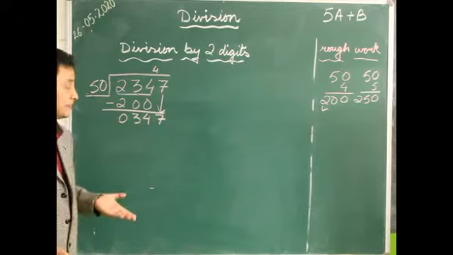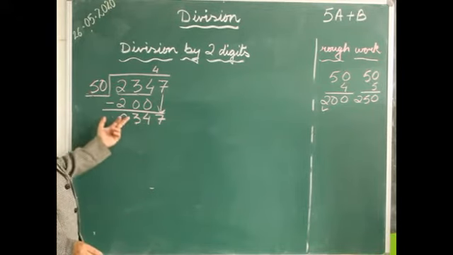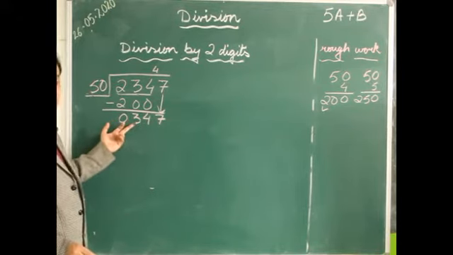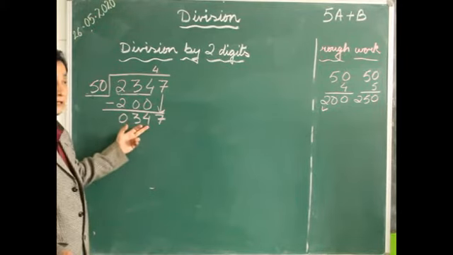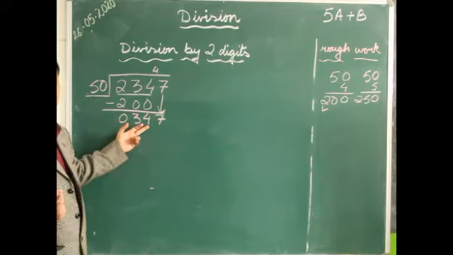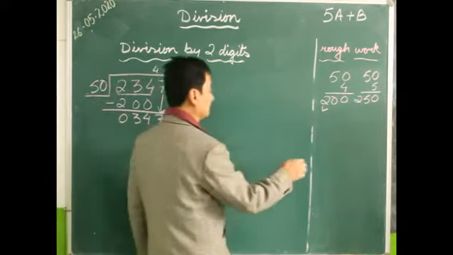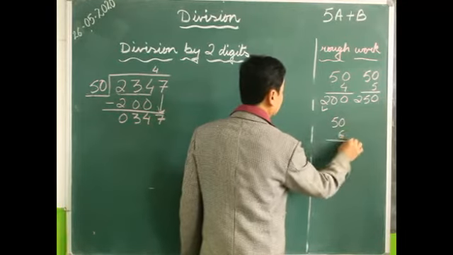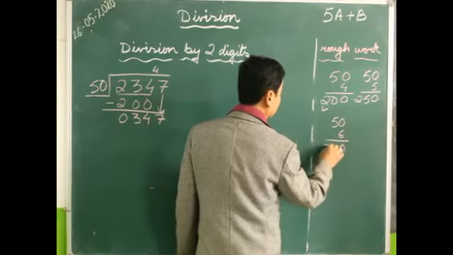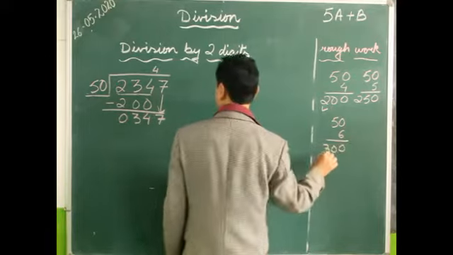Again use that trick. 5 is bigger than 3, so we have to use 2 digits, 34. 5 will go into 34 how many times? 5, 6. Okay, let's multiply with 6. 50 6s: 6 zeros are 0, 6 5s are 30. Wow.